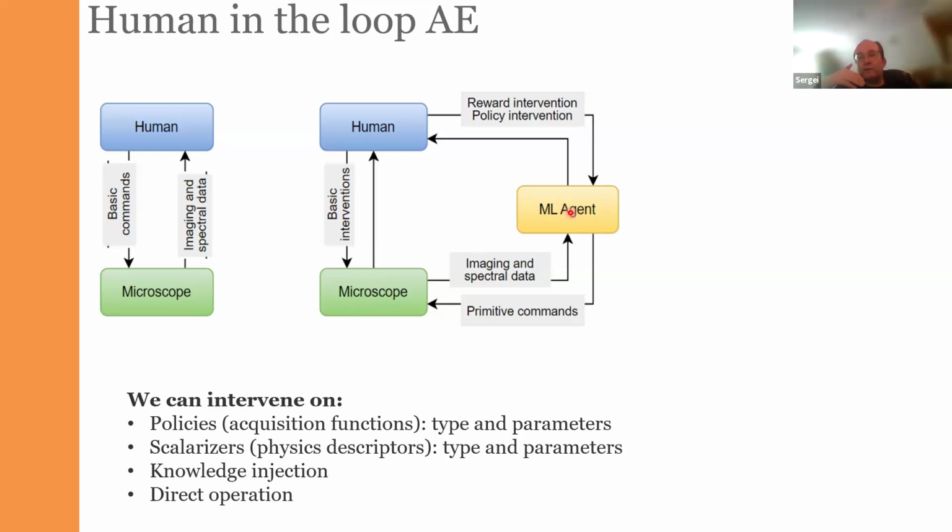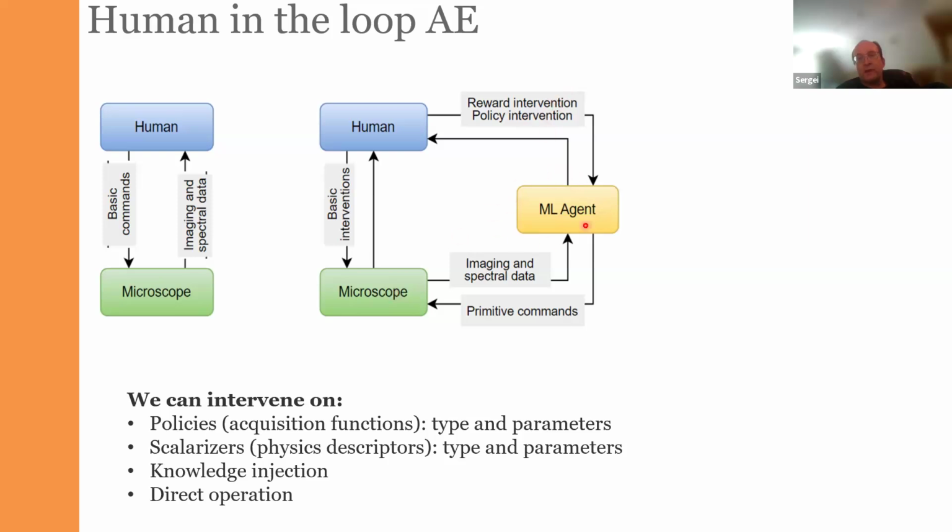So in many cases, we will observe not the single operation by the machine learning agent, but basically the trace of multiple operations. And if so, then we get an opportunity to intervene based on the rewards or based on policies. So we don't run the instrument ourselves.